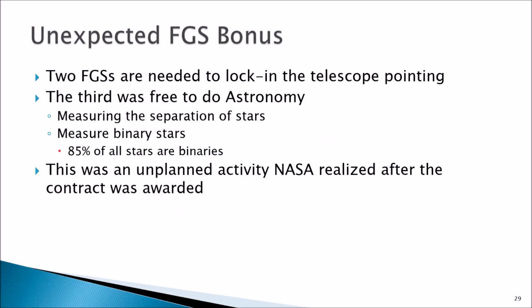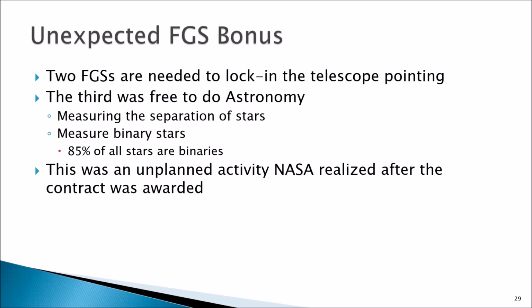It was an unexpected bonus that there were 3 guidance systems on the telescope, because 2 were only needed to lock in the telescope pointing. The 3rd one was literally going to be idle. But it was pointed out to NASA that, hey, you can use that third fine guidance system to make some astronomy measurements. You can measure the separation of stars.